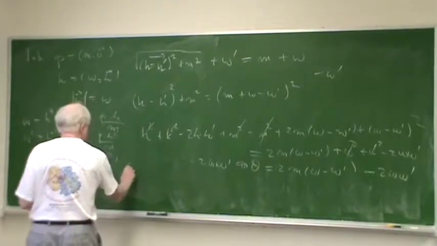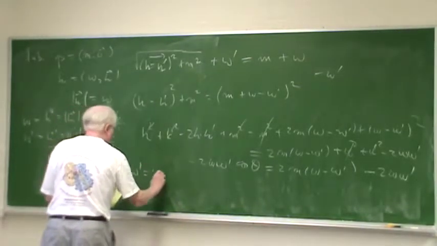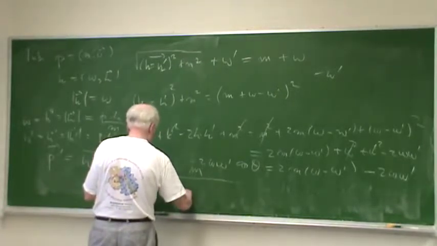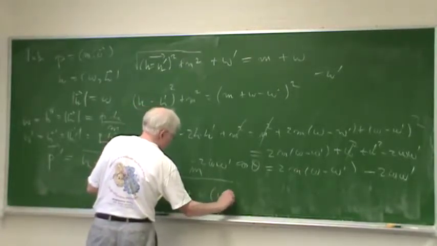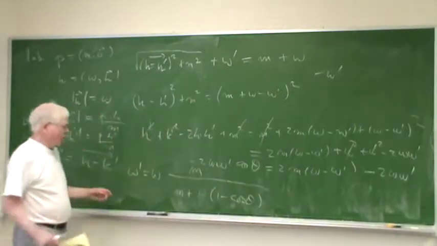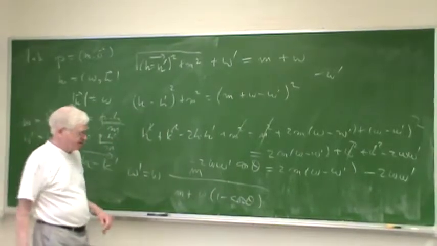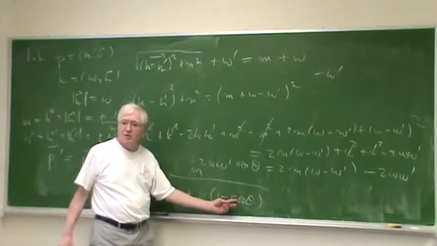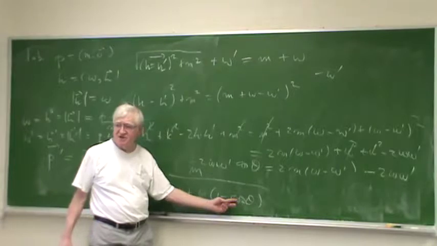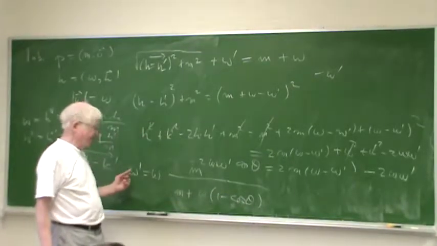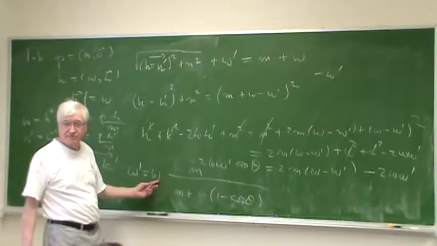What you find is that omega prime is omega times m over m plus omega times 1 minus cosine theta. So when is omega prime biggest? It's when this thing is 0. When theta is 0, cosine theta is 1, and the m cancels the m, and omega prime equals omega.